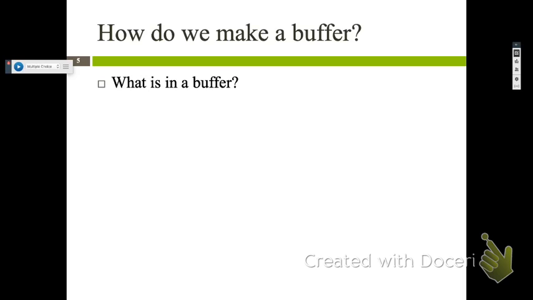Make sure to write down your best guess at a definition, or what's in it, what it is, what it does. Make sure it's acid conjugate base.